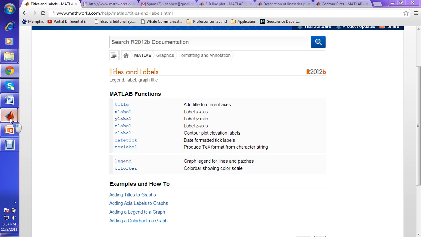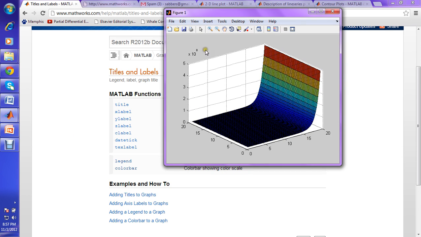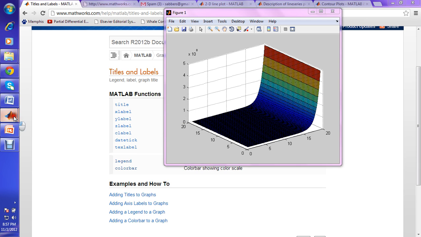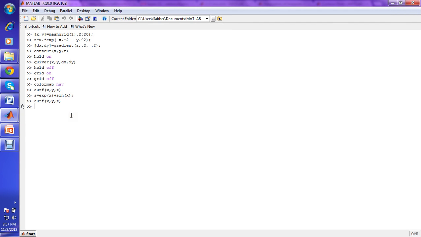So in this function, let's put all of this. We want to put a title, an x-axis label, a y-axis label, and finally a z-axis label. How can we do that? It's very easy. Title, in inverted commas, we put our text.